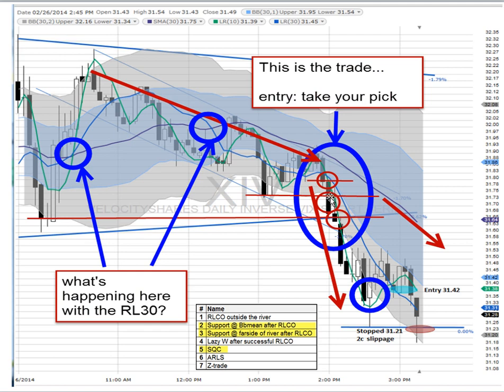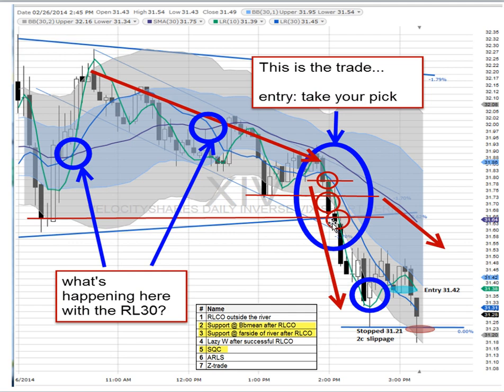Or he may have decided to wait for price to leave the floodplain, which also would violate this previous swing low. So the second red circle is a legitimate entry in pattern number 2, and then the third red circle is a rejection of the previous swing low from that morning.